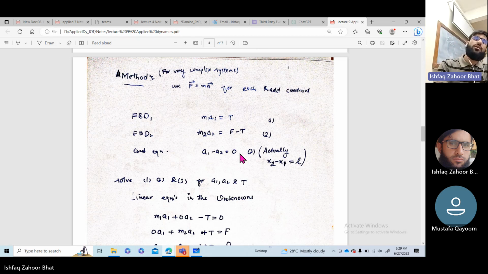So in previous methods, what we were doing, we were either eliminating T or solving for T or substituting. So we were doing such things.